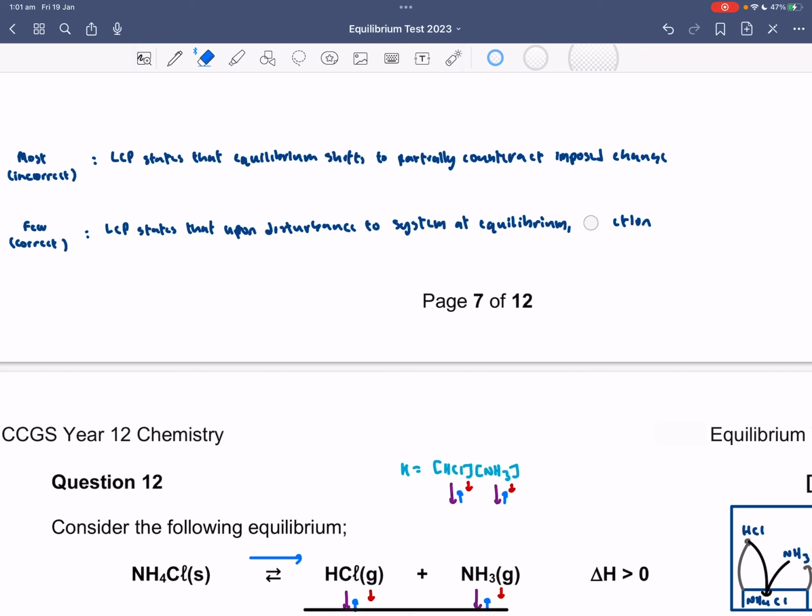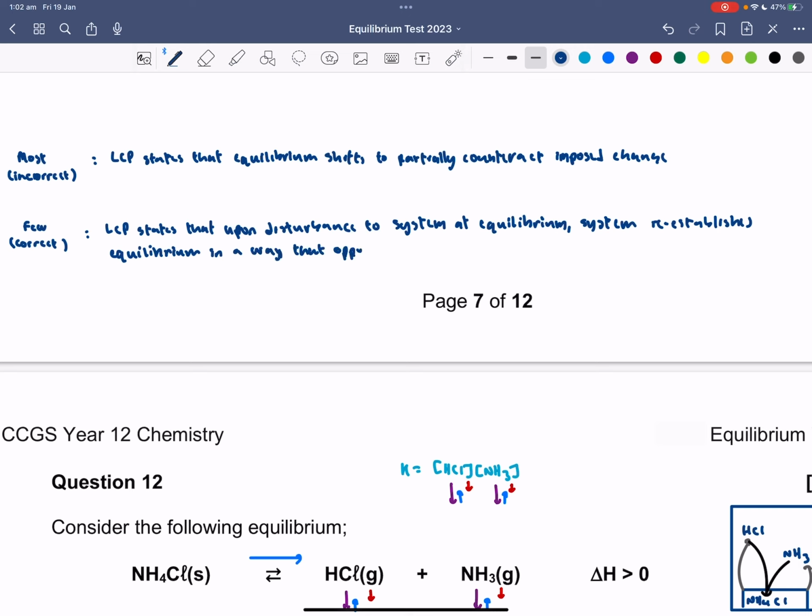LCP states upon disturbance to equilibrium, the system reestablishes equilibrium in a way that counteracts the imposed change.